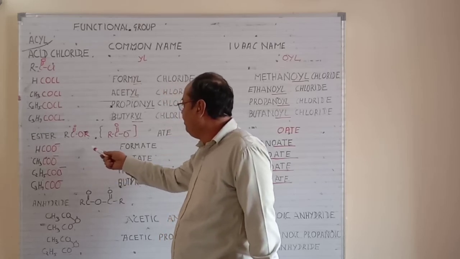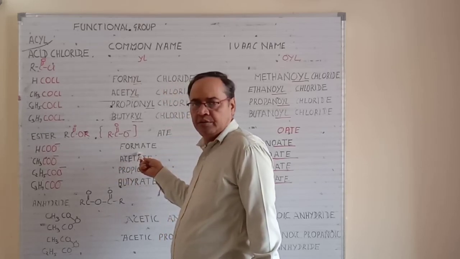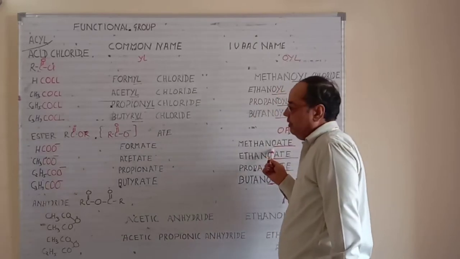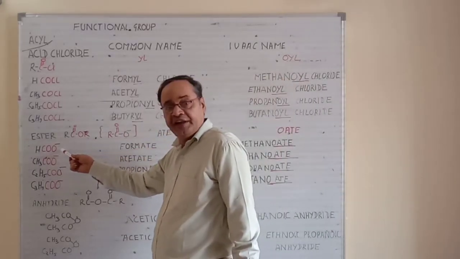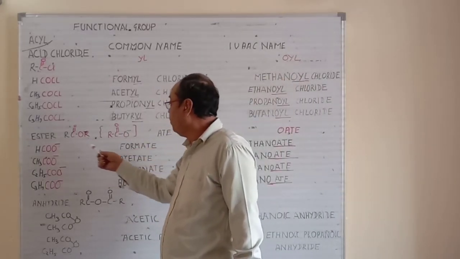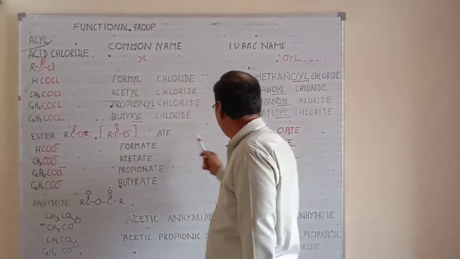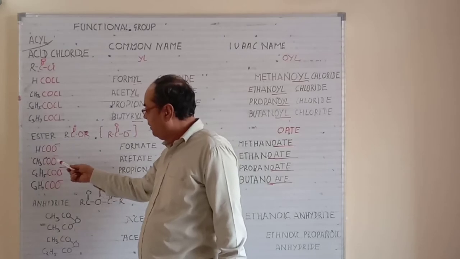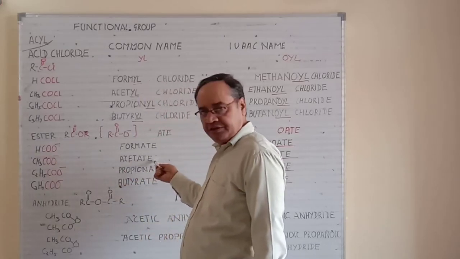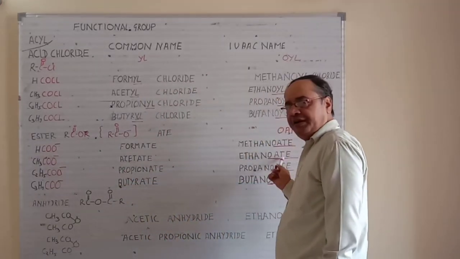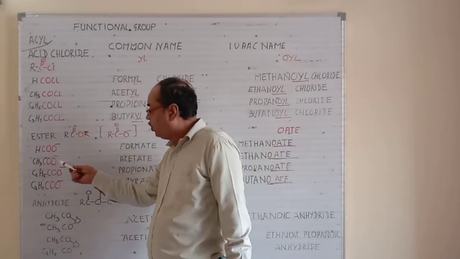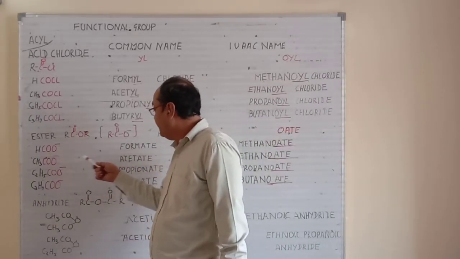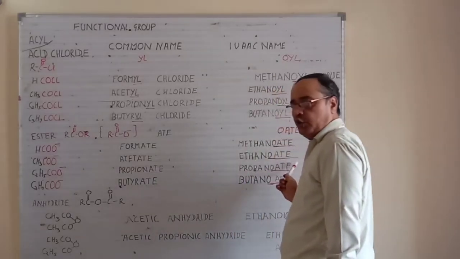So the common name will be methyl formate, methyl methanoate. Suppose you are putting a C2H5 group here. So it is ethyl formate; you have to write that first, then ethyl methanoate. Same way, suppose you are putting methyl here. So this is methyl acetate, and this is methyl ethanoate. Suppose you are putting a propyl group here. So this is propyl acetate and this is propyl ethanoate.